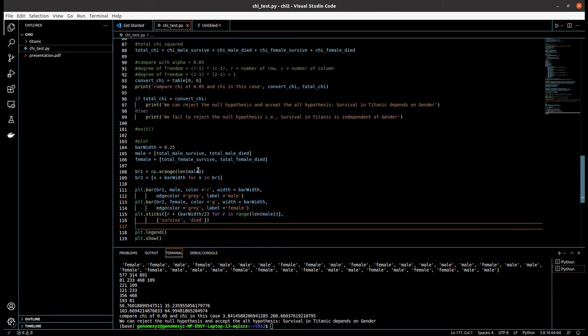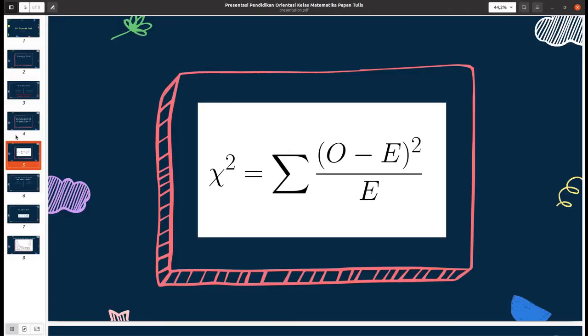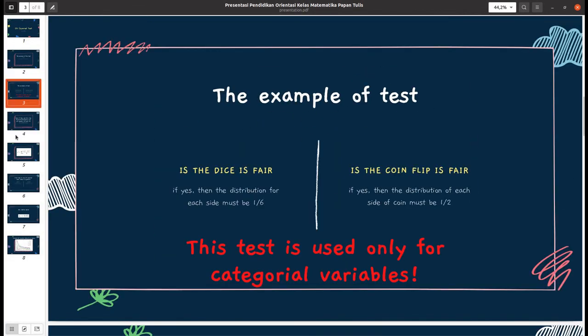And as I already said, this chi-square test is just applied for categorical variables. So I think we only use this for categorical variables like survive or not, or gender, male or female, like dice, with 6 sides, or a coin.